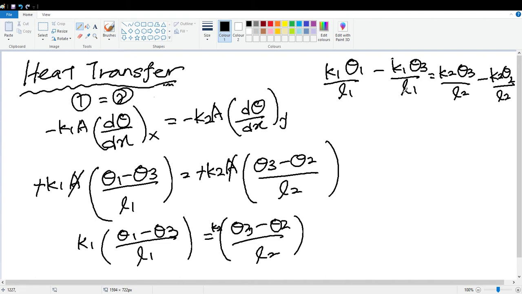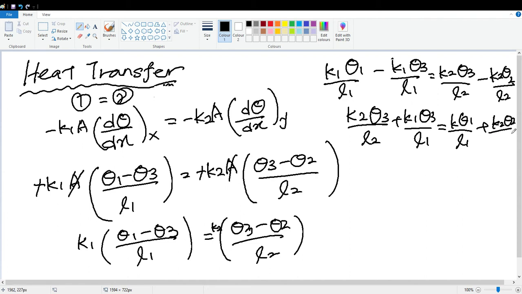So what I need to do is derive in terms of theta 3. Plus K1 theta 3 over L1, so this one can move to the right side, and the right side I change back to the left side. Since theta 3 is our main objective, K1 theta 1 over L1 plus K2 theta 2 over L2. So factorize the theta 3.